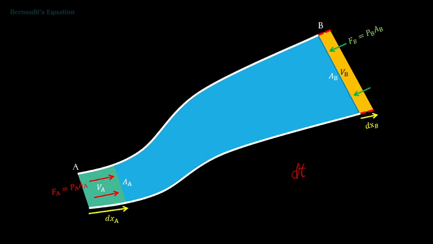So this pressure pushes the liquid inside the pipe towards the right, but that flow of the liquid towards the right is opposed by the pressure due to the liquid that is present outside the pipe at the end B. So these pressures and also the force of gravity dictate the flow of liquid through it, and we are going to find the effect of gravity and these pressures at different regions of the pipe on the liquid flow.